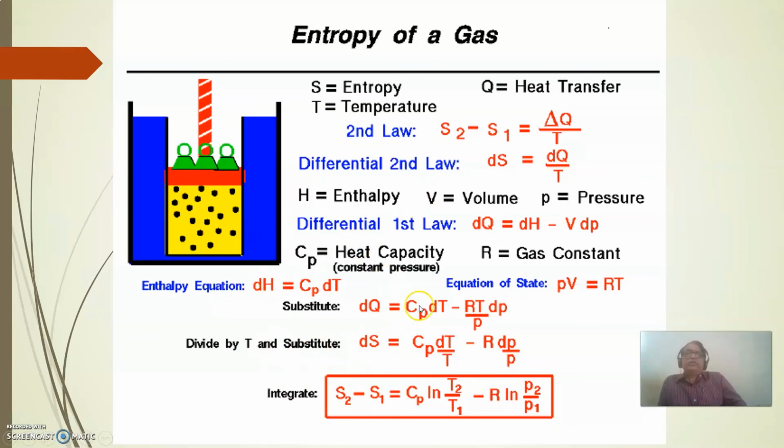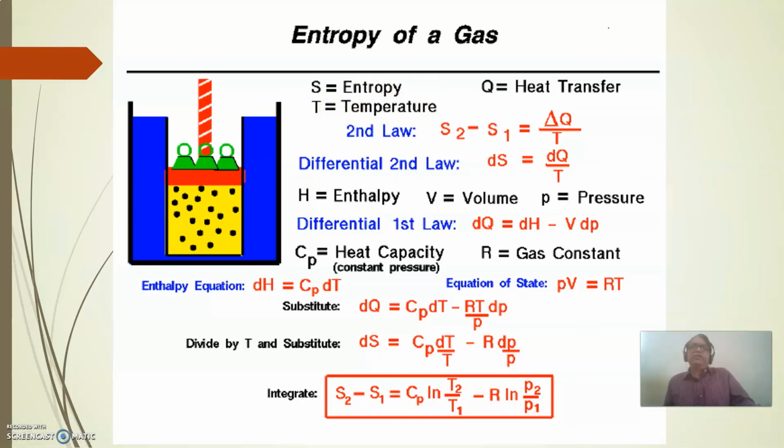Next, entropy of a gas. I will not go into detail about this one, because I would be explaining these things once again. This is a flask which contains an adiabatic valve, with the entrapped gas and a certain weight fixed.